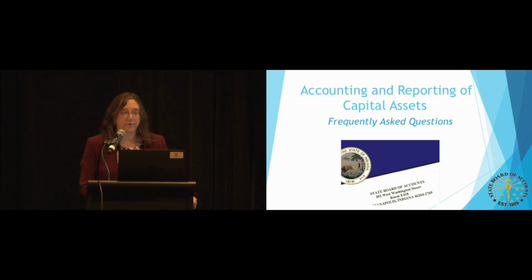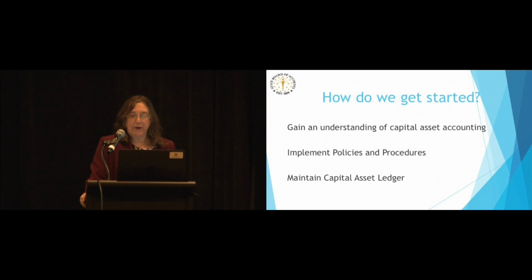Okay, so we're going to go through some frequently asked questions. So we need to talk about getting there. The major portion of our discussion in the next segment will be how to gain an understanding of your capital asset reporting, implement policies and procedures, and maintain that capital asset ledger.